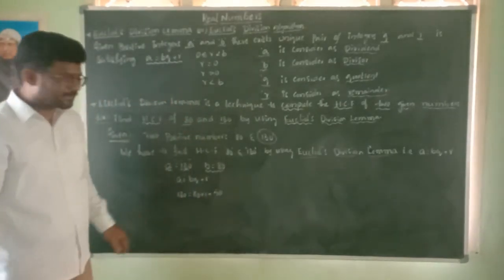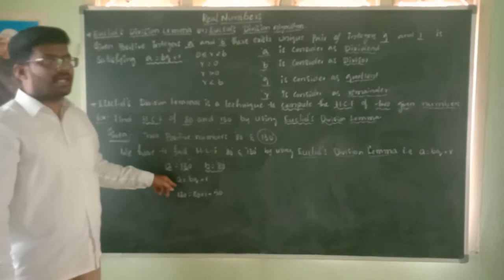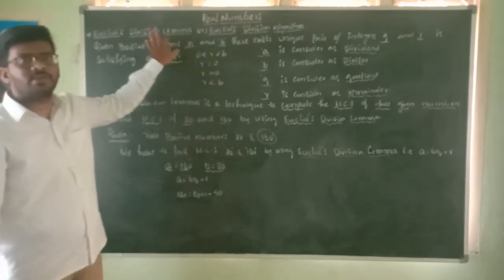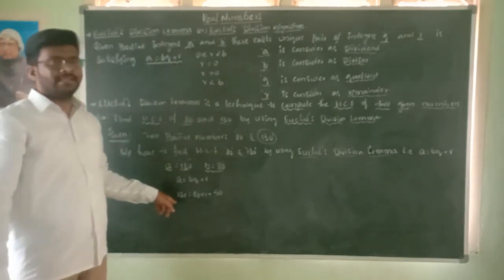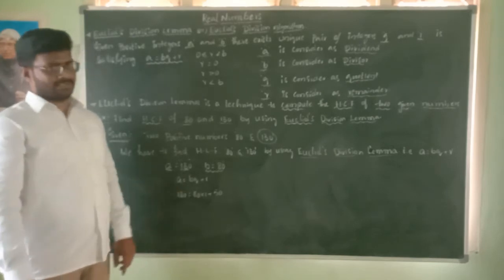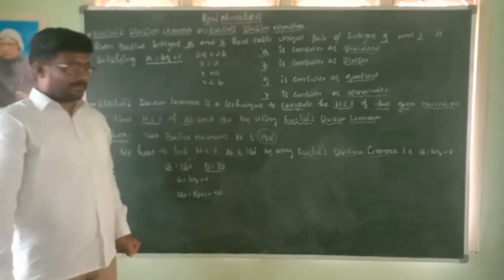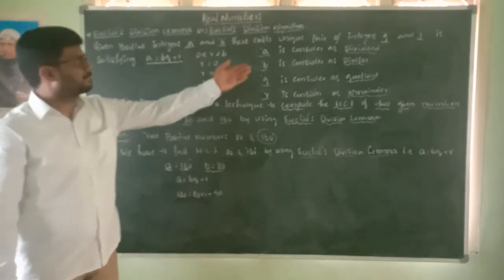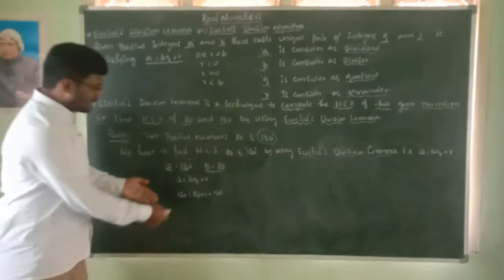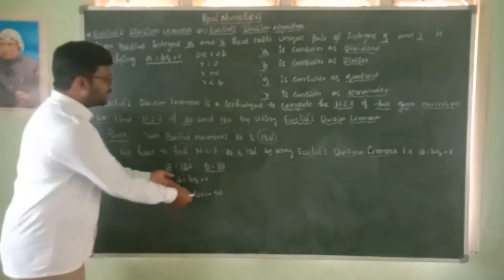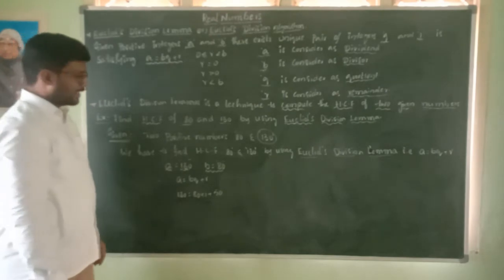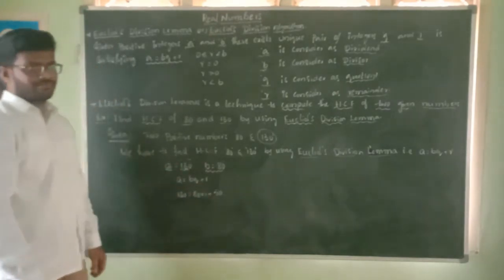Understood, children, this step? Here a is the dividend, so the dividend is 130, and b is the divisor. Dividing by 80, the remainder will become 50.